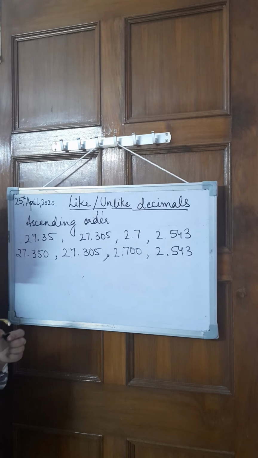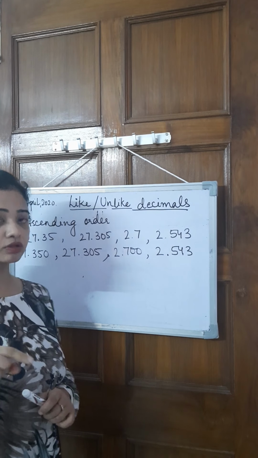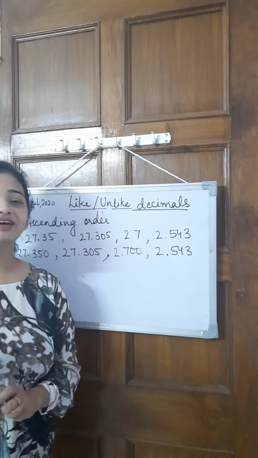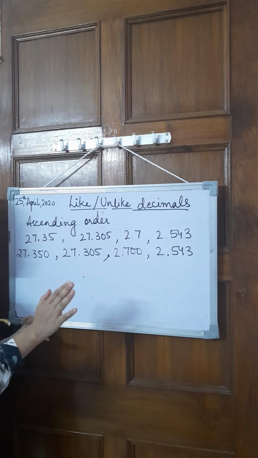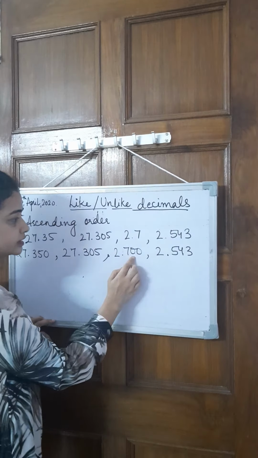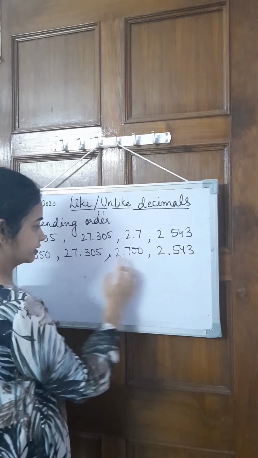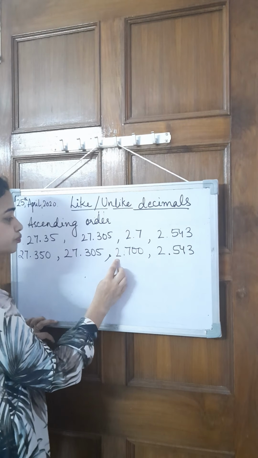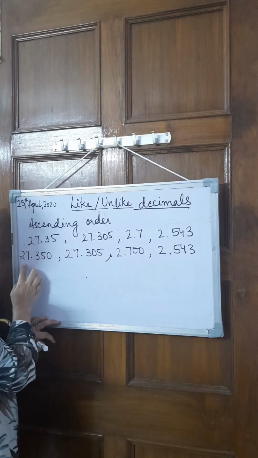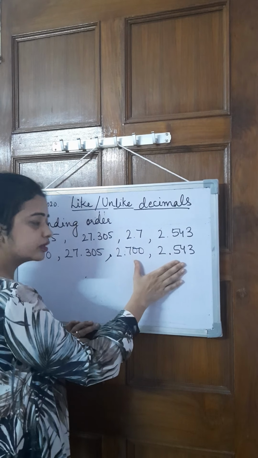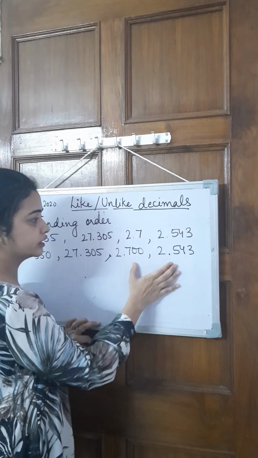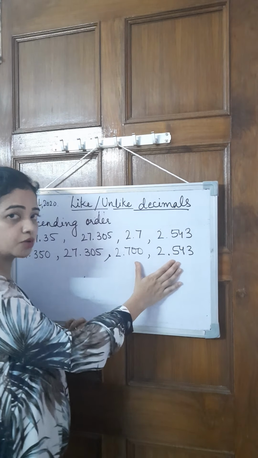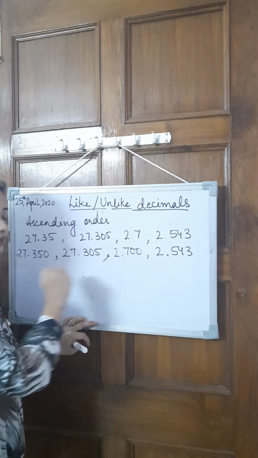So as I said, to compare them we first check the whole part. So this is 27, 27. Then this is 2.7, 2.5. So 2 and 2. So obviously these two are smaller and these two are greater. Now we have to check among them which one is smaller and which one is greater.